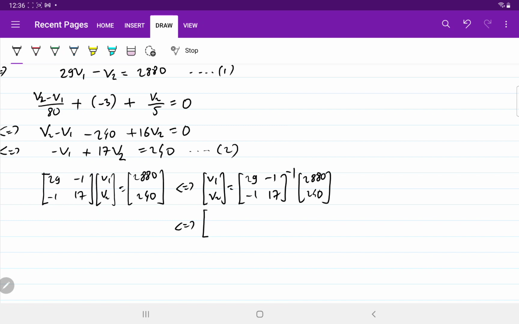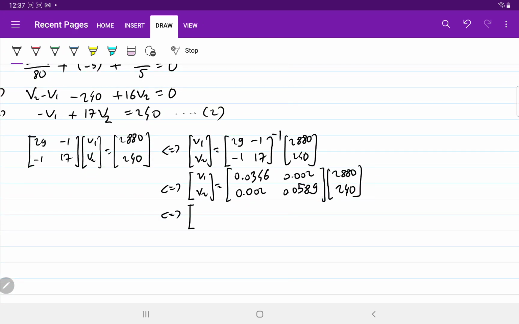Okay, so you know the inverse of this matrix, so you can compute it. It should be equal to [0.0346, 0.002; 0.002, 0.0589], I think 0.0346 if I'm not mistaken, multiplied by [2880; 240].